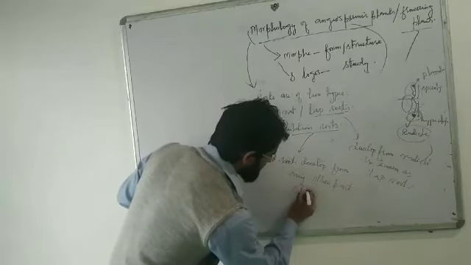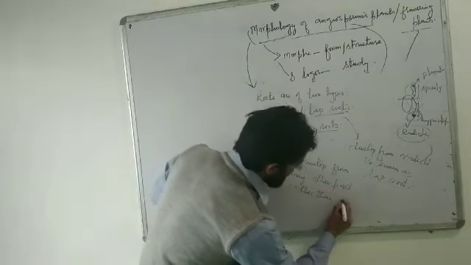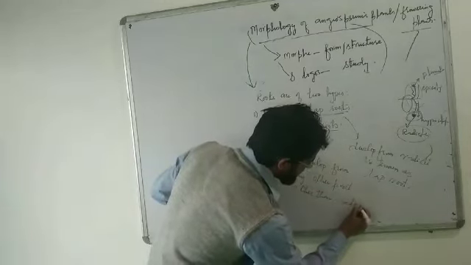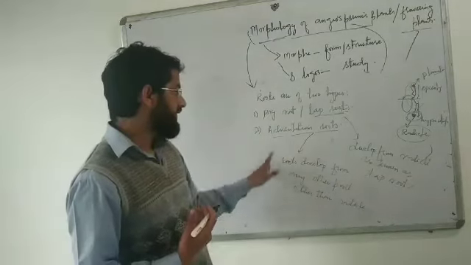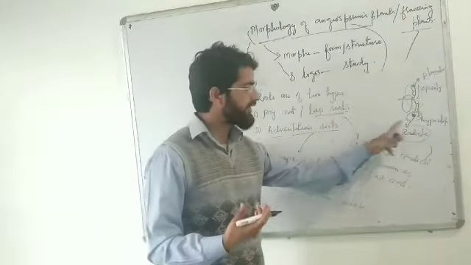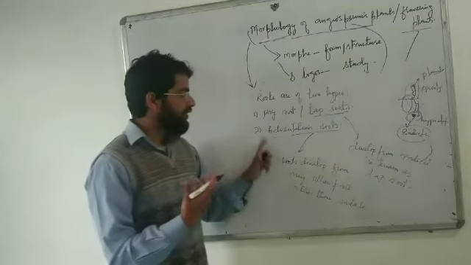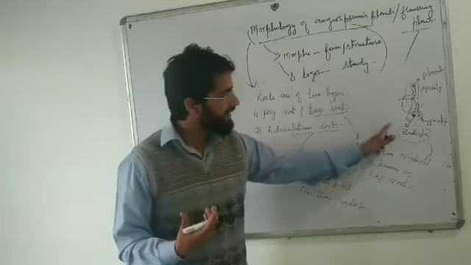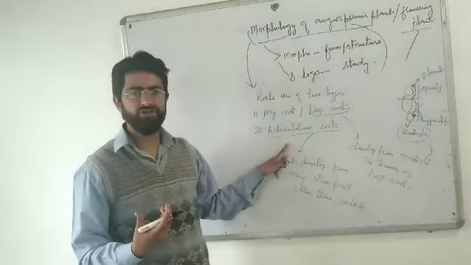Thus we can say roots are of two types. One is the taproot system, those roots which originally develop from the radicle, while those roots which arise from any other part other than the radicle we call adventitious roots.